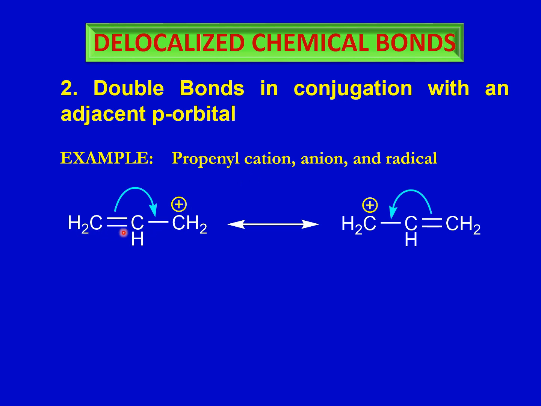So we have a carbon-carbon double bond, and on the adjacent carbon we have an empty p orbital. And when you have such a case, these pi electrons between these two carbon atoms can be shared or transferred to between these two carbon atoms to give you this structure, and these pi electrons then come back as a result of resonance to give you this.